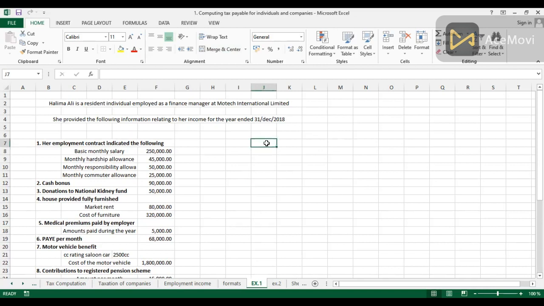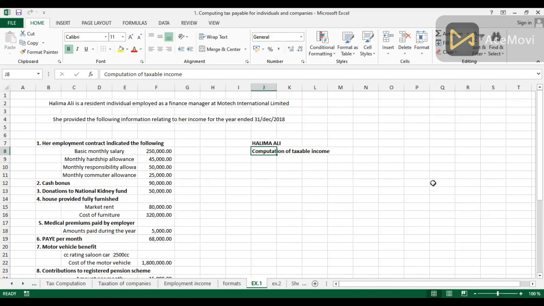So we'll start with control bold, Halima Ali, press tab, computation of taxable income, press tab, and so we'll have 3 columns. Let me do control bold.